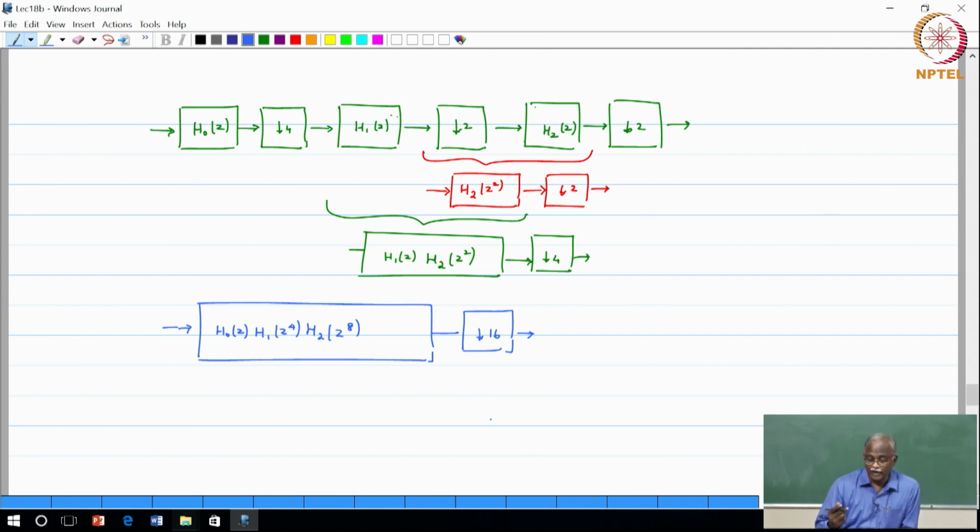At first glance you may say that whatever you called H of z in the previous case is equal to H0 of z, H1 of z power 4 and H2 of z power 8. Now, a very important element in this: what is the frequency response of H2 of z power 8?